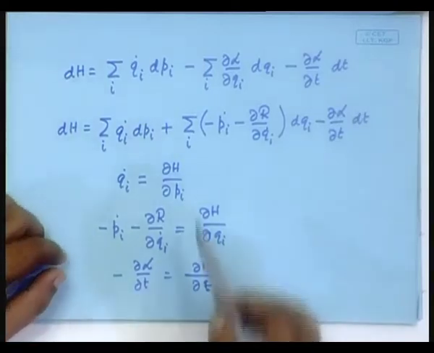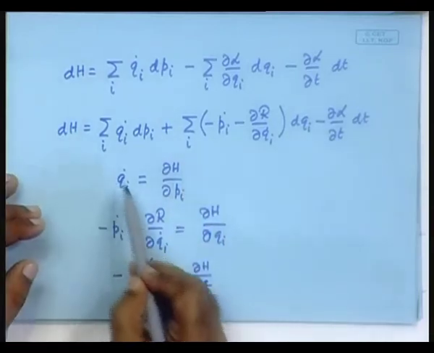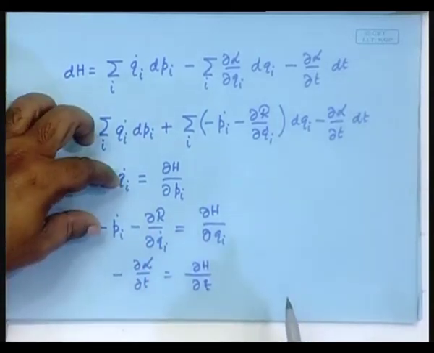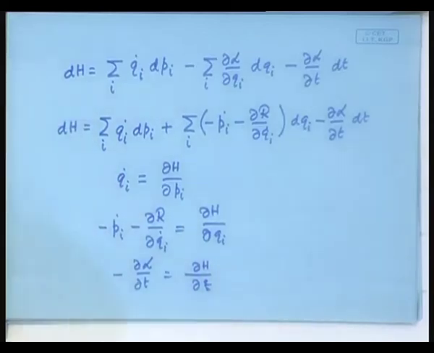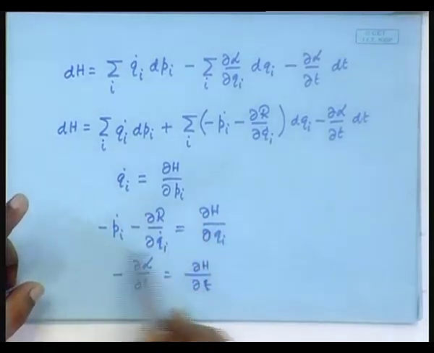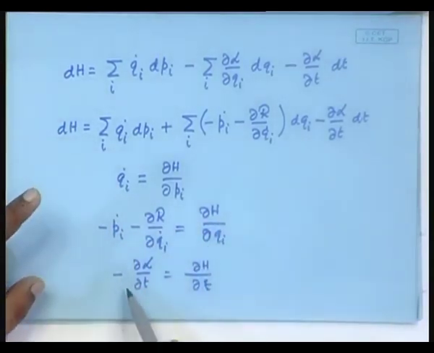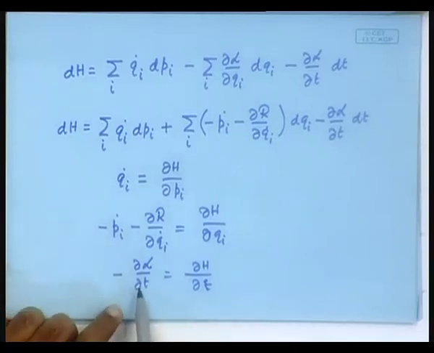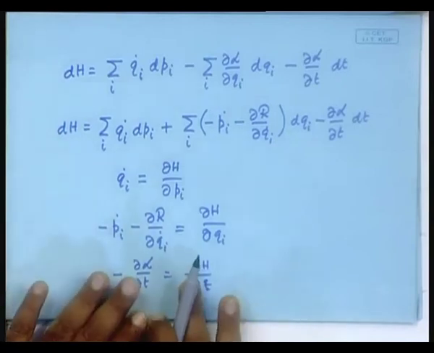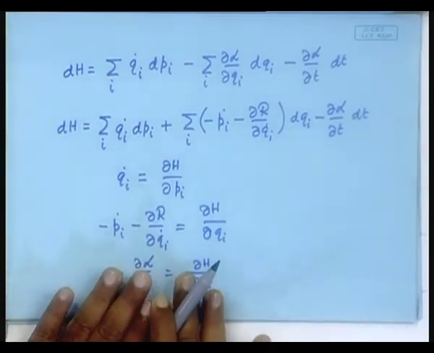Normally in books you will find these terms written in the left hand side and these terms written in the right hand side, but I have chosen to write it this way because ultimately what we want to extract are these two. We will do that, but let us understand this. This is a differential equation first order, this is a differential equation first order, this is not a differential equation. This only says that if the Lagrangian function is independent of time, the Hamiltonian function will also be independent of time, and if they are dependent on time, they are dependent this way, that is all. But this is not a differential equation, therefore, it does not really define the dynamics.